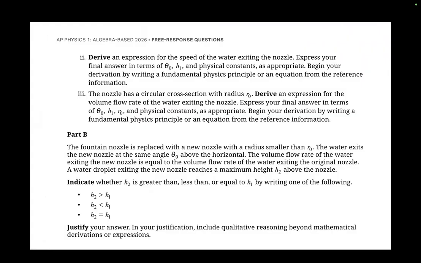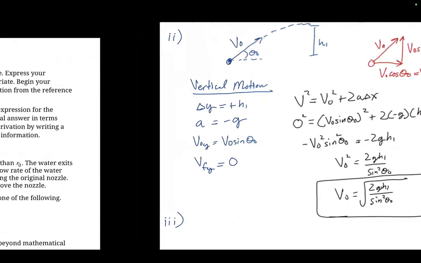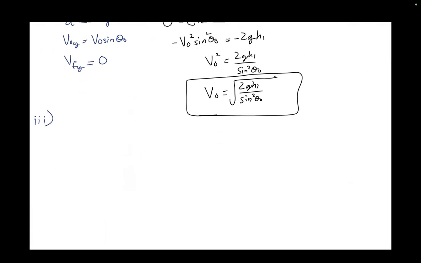Part ii says the nozzle has a circular cross section with a radius r naught. Derive an expression for the volume flow rate of water exiting the nozzle, in terms of theta naught, h1, and r naught, physical constants as appropriate. The volume flow rate should just be the cross-sectional area times the speed.